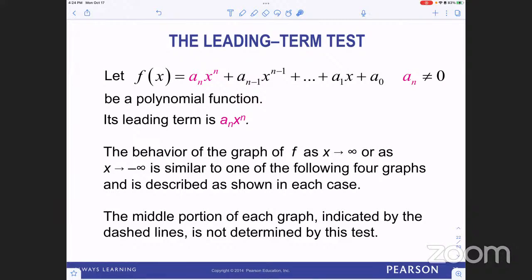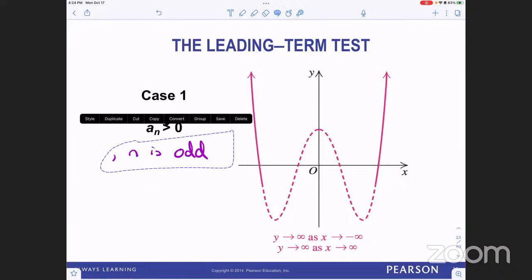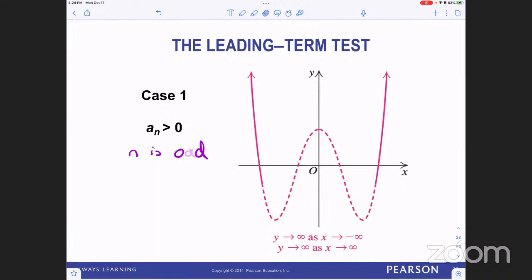So this leading term test is going to be similar to the end behavior that we saw a moment ago for the power function. Here's the first case. Again, we're considering n is even.